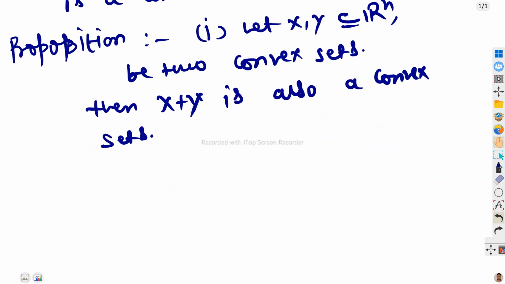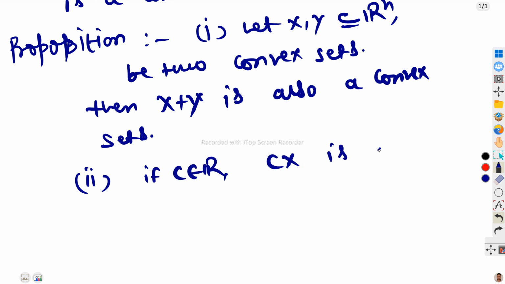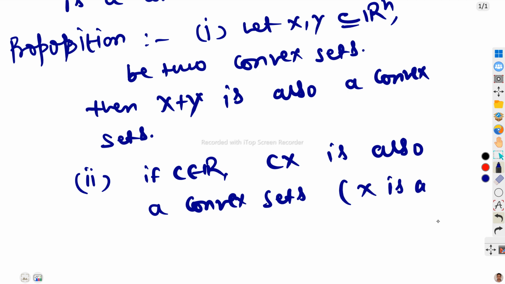Second, if C is any real number, then Cx is also a convex set, for X a convex set of Rn.